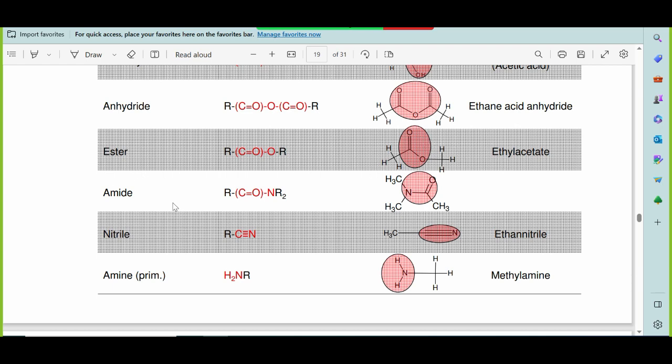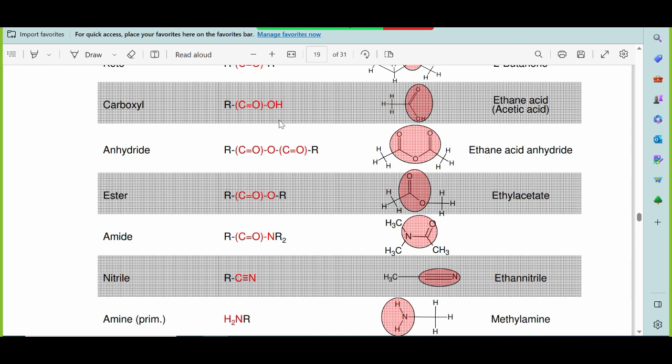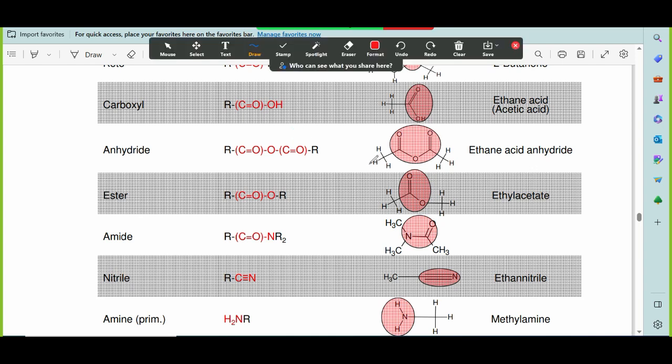Now, the amide, instead of the oxygen, we have the nitrogen. I just explained that oxygen and nitrogen are just two different electronegative elements, and they behave very closely. So we often see some compounds having, for example, nitrogen instead of oxygen. The N belongs to the fifth group in the periodic table, and O belongs to the sixth group.